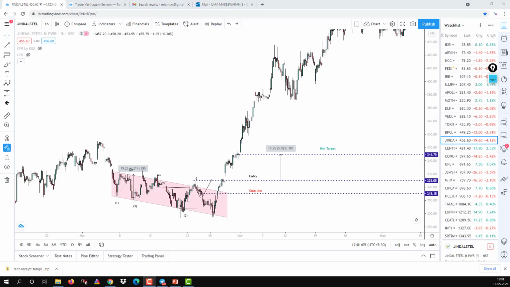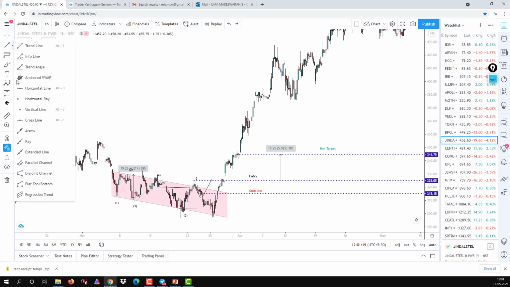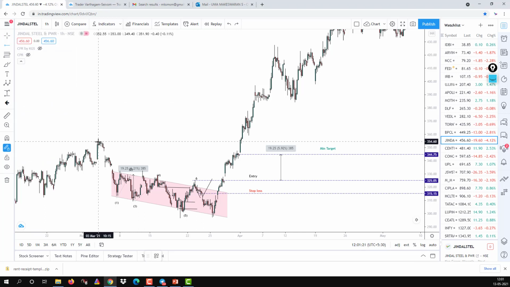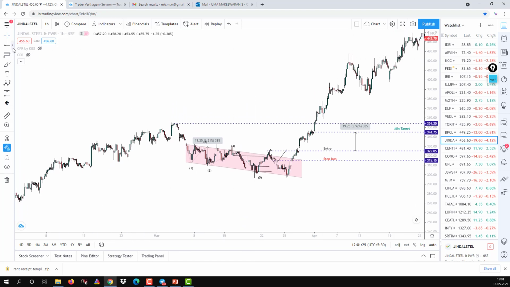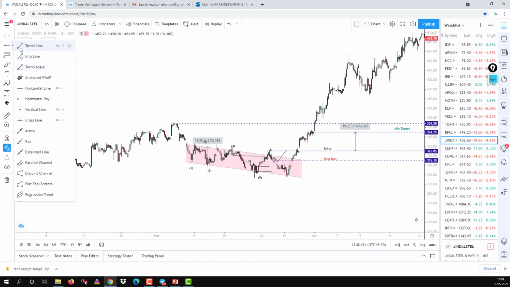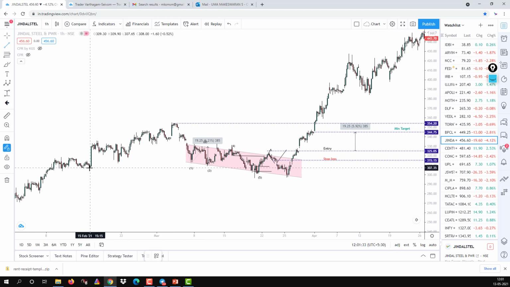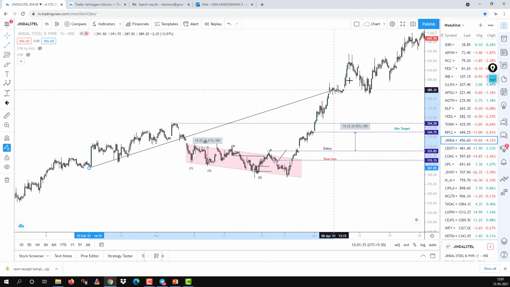If you want to maximize your target, you can find the next resistance by using the trend line. The next resistance is this level. This is the second target level. Then you can also draw the trend line. See, here you can draw the trend line.